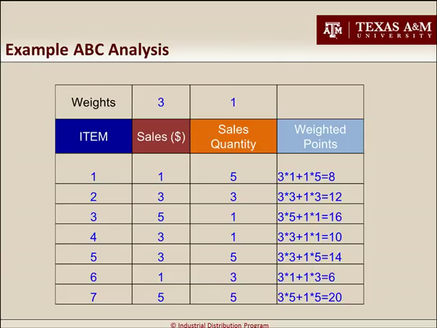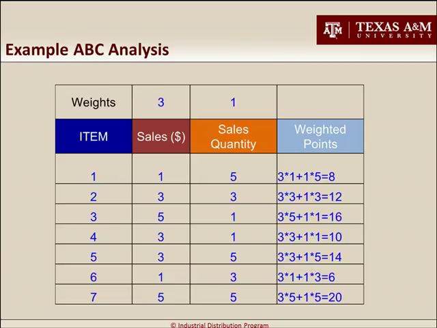Next step is calculating the weighted points. What we are going to do is multiply the sales weight of 3 with the sales points an item received, plus 1, the sales quantity weight, times the sales quantity points that item has. For the first item, the weight is 3 for sales dollar, and this item is a C item for sales dollar.